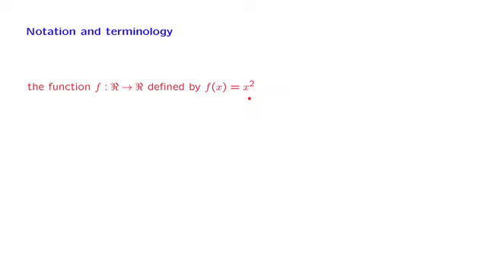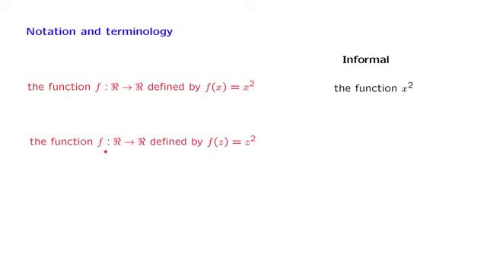On the other hand, sometimes people use a more loose language, such as, for example, they would say the function x squared. What does that mean? Well, what this means is exactly this statement. Now let us consider this function. The function f, again from the reals to the reals, that's defined by f of z equals z squared.